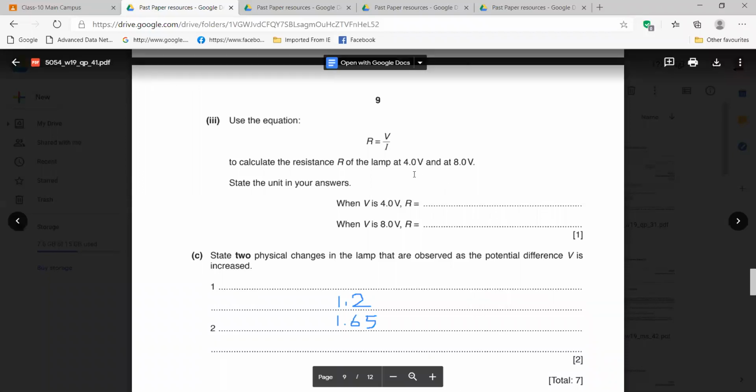If you do not write the ohms, they will not give you marks. You should write the unit. Yeah, 3.33 ohms. Good. Next one is 4.85. All of you got 4.85? 4.85 ohms.